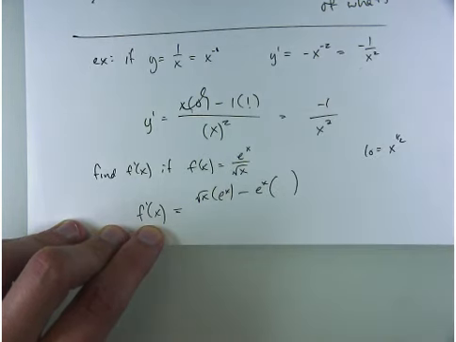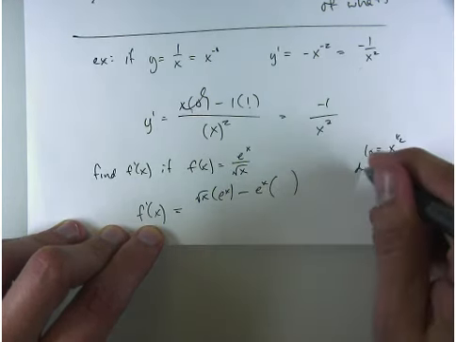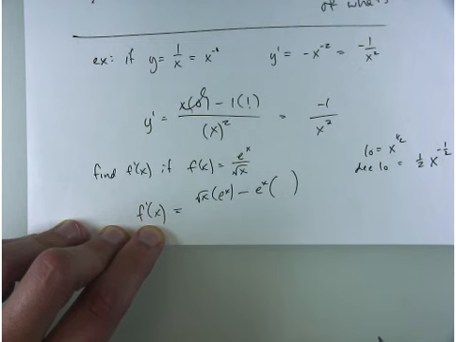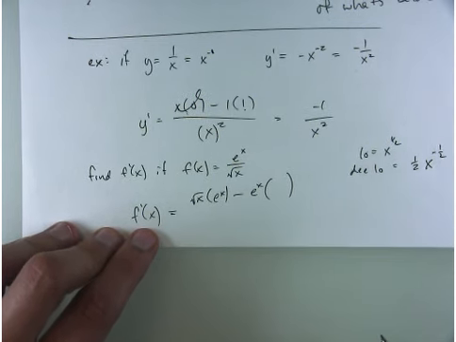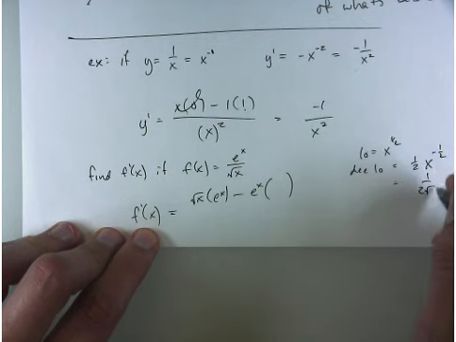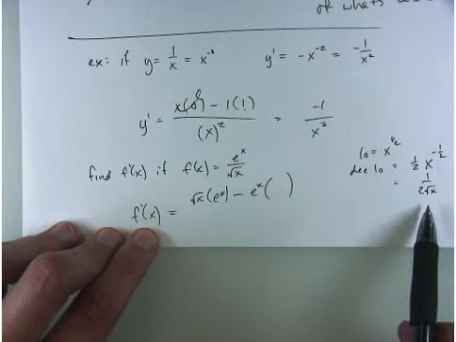Low is x to the 1/2. So d low is 1/2 x to the negative 1/2. I've got to use the power rule. You may remember that as 1 over 2 root x.